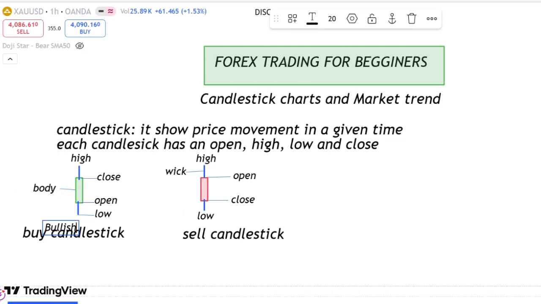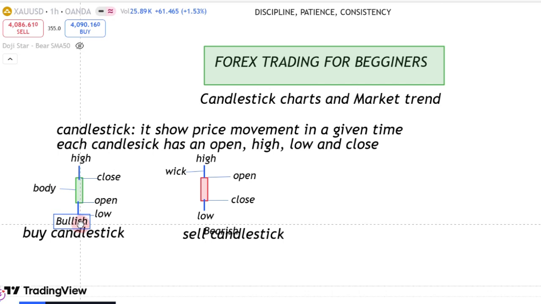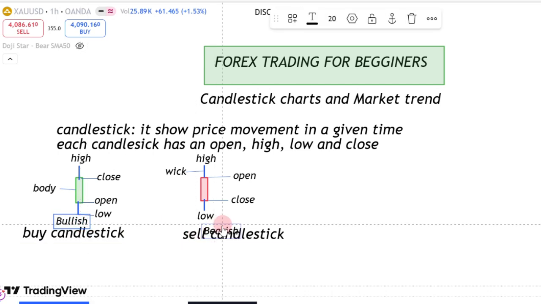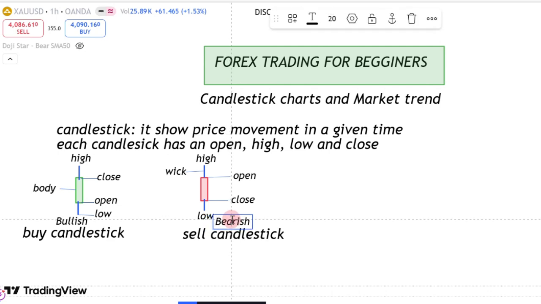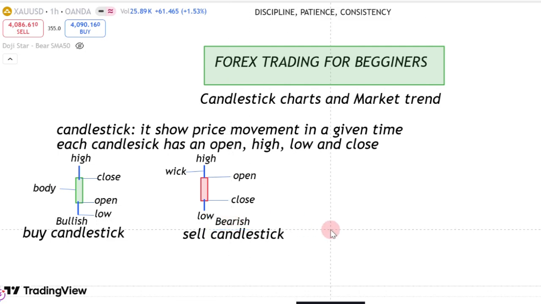And we call this one bearish. So when the market is going up, we call it bullish.